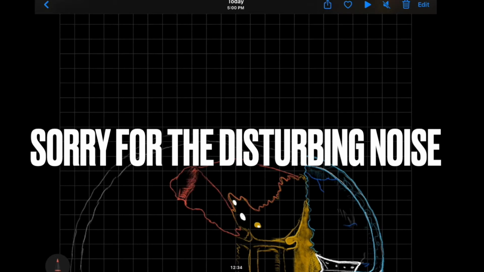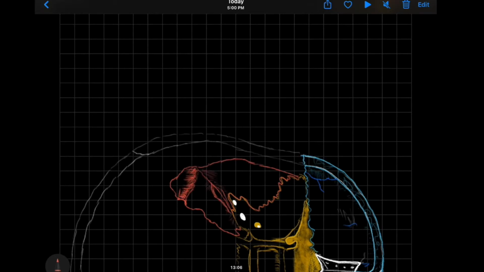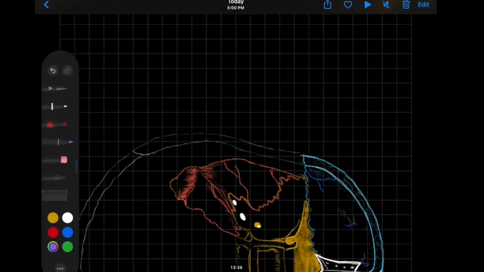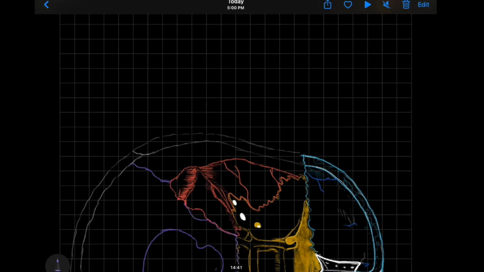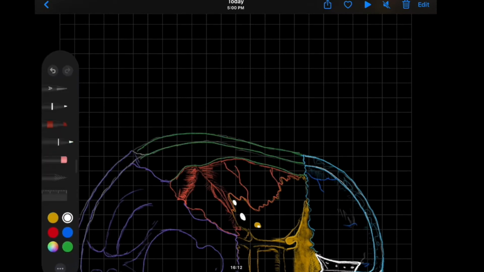This is the sigmoid sinus fossa. Now we have the occipital bone, foramen magnum, and this is the outline, the transverse sinuses. We have the occipital bone and the parietal bone as well.